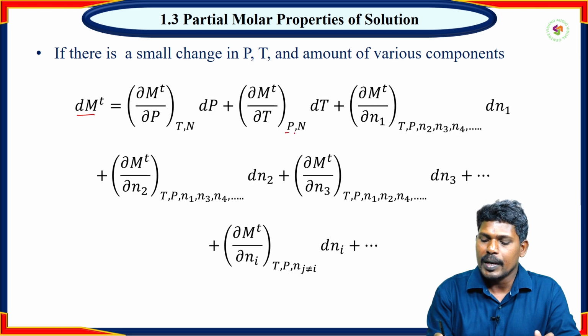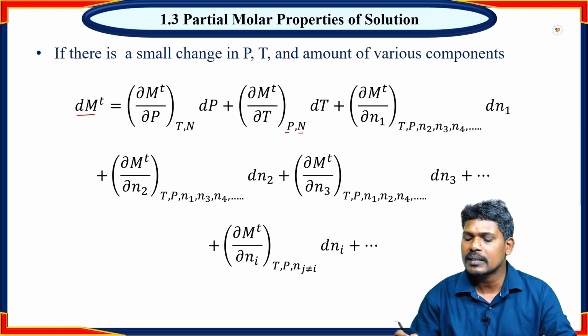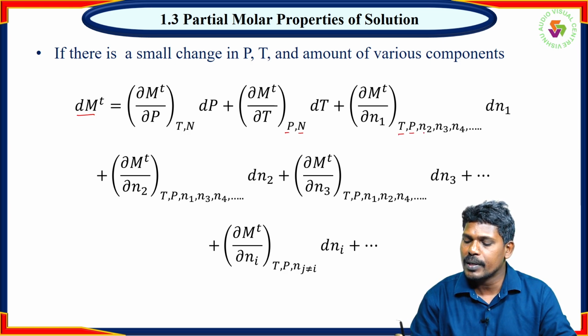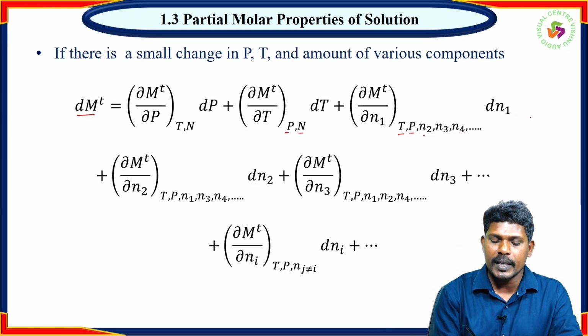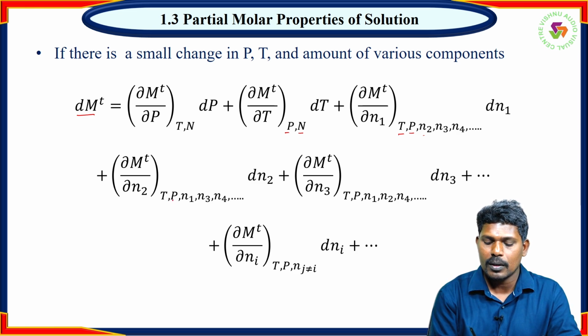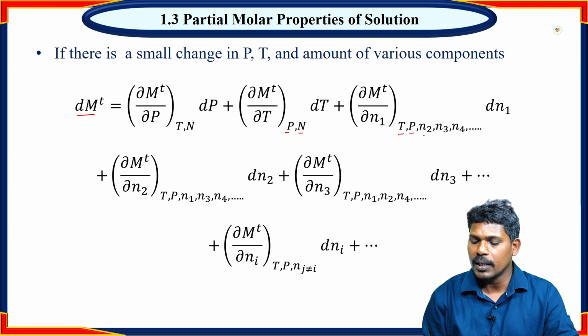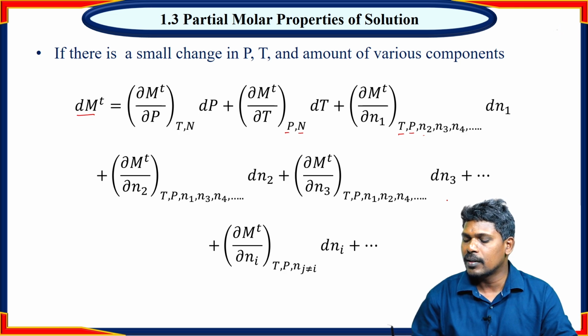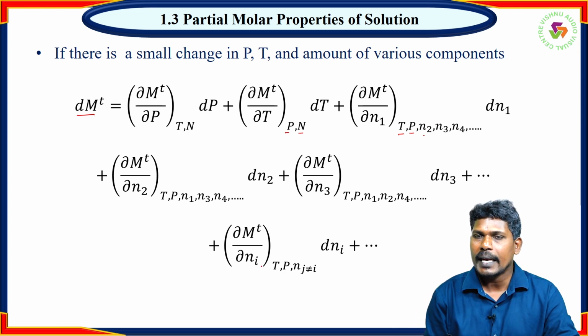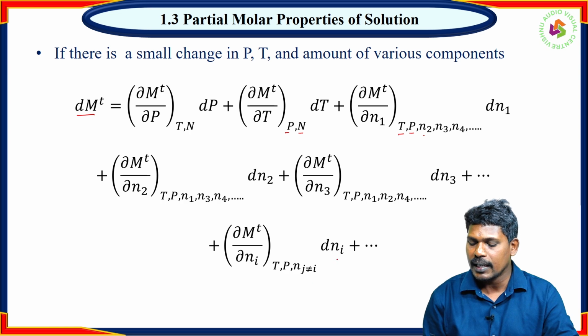Plus ∂Mt/∂N1, because we are deriving with respect to the change in the first compound's number of moles, at constant temperature, constant pressure, with N2, N3, N4 kept constant, dN1, plus ∂Mt/∂N2 at constant T, P, N1, N3, N4 and so on, dN2, plus ∂Mt/∂N3 at T, P, N1, N2, N4, dN3, plus so on, ∂Mt/∂Ni at constant temperature, pressure, Nj not equal to i, dNi, and so on.